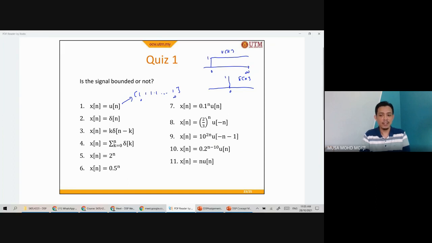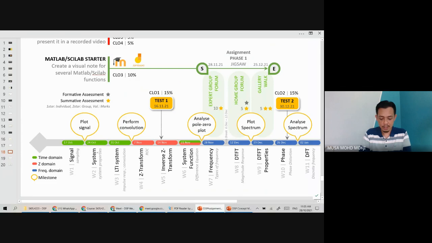Any other last question before we end our class today? Okay, I think no. Alhamdulillah, we finished this discrete time system in time.